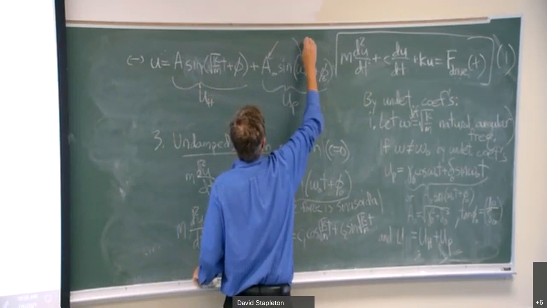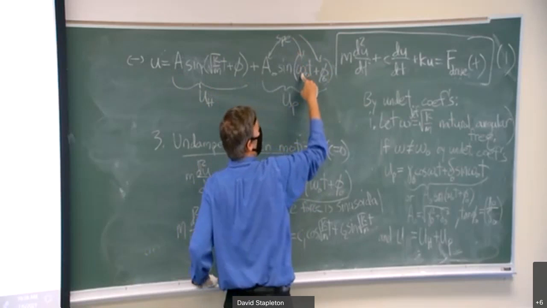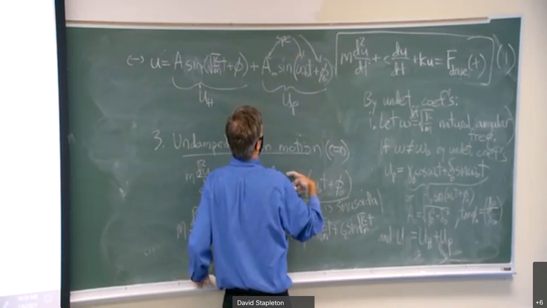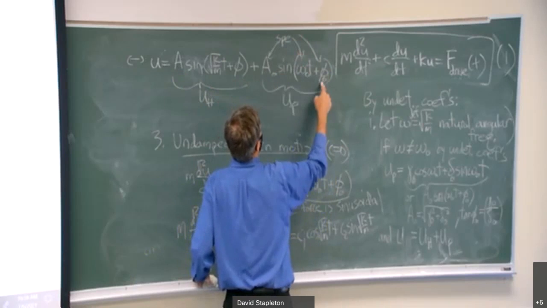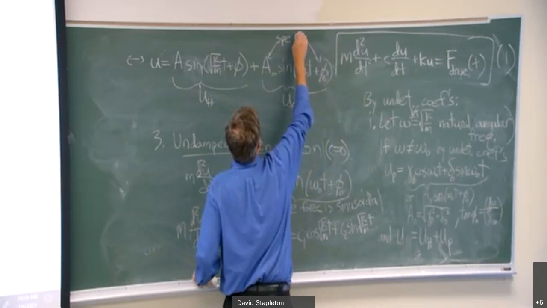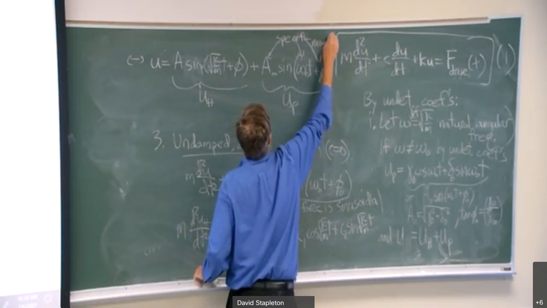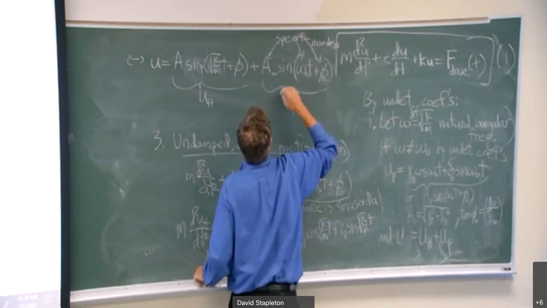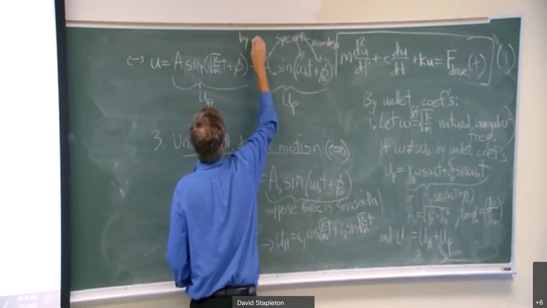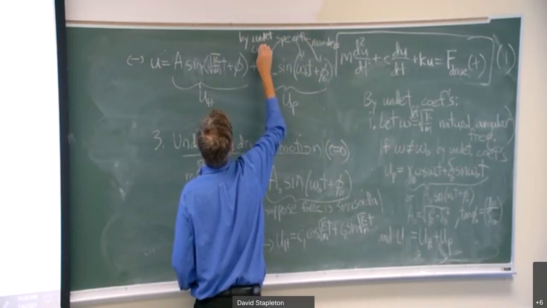These are specific numbers because omega 0 is given, that's the given driving frequency. A0 and phi 0 are the specific constants determined by undetermined coefficients. So these are specific numbers, they're not arbitrary. They're determined by the undetermined coefficients method. You plug it into the differential equation and see what they are.